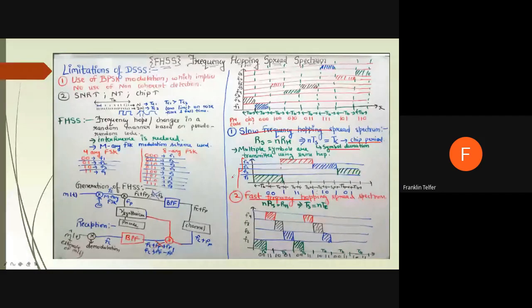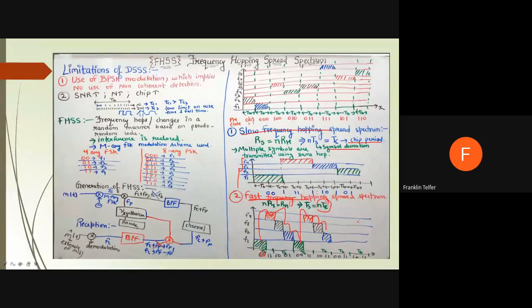Or else in fast frequency hopping, it differs by the shift period, N of TC. Each slot is split into two, so the duration is reduced and the frequency hopping becomes faster. So you get fast hopping in this kind of spread spectrum.